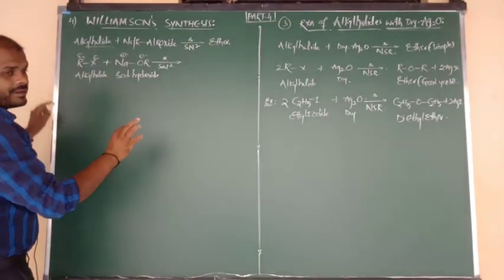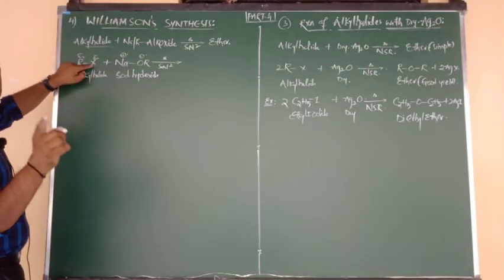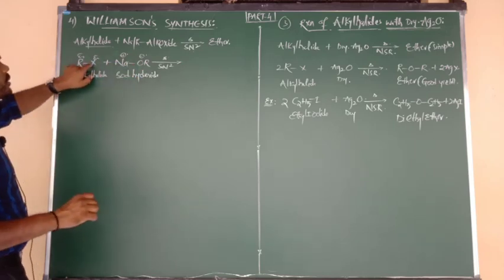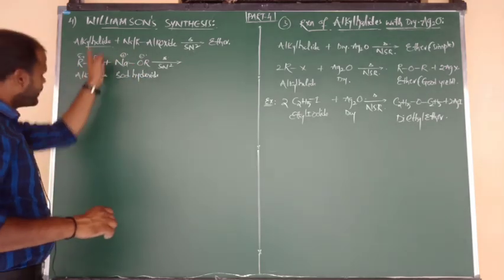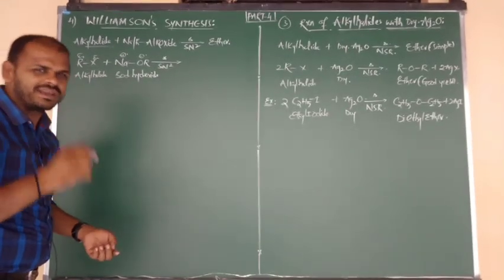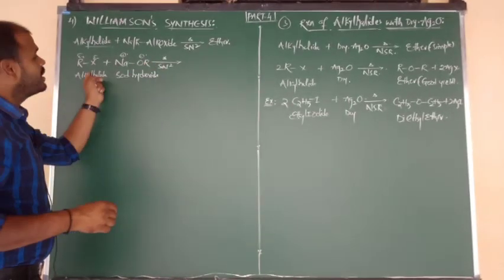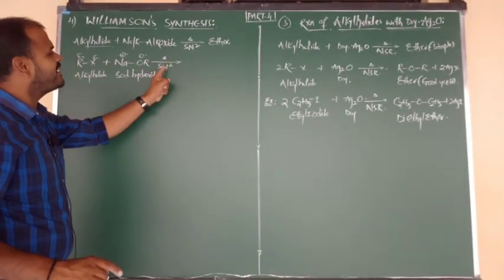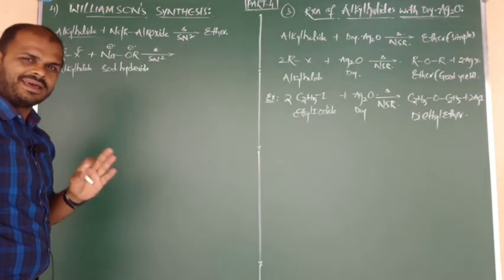Now listen carefully, beta. X minus is replaced by OR minus. Nothing but one nucleophile replaced by another nucleophile. The reaction is known as a nucleophilic substitution reaction, but in this reaction two molecules are involved. That's why here we are saying bimolecular nucleophilic substitution reaction.